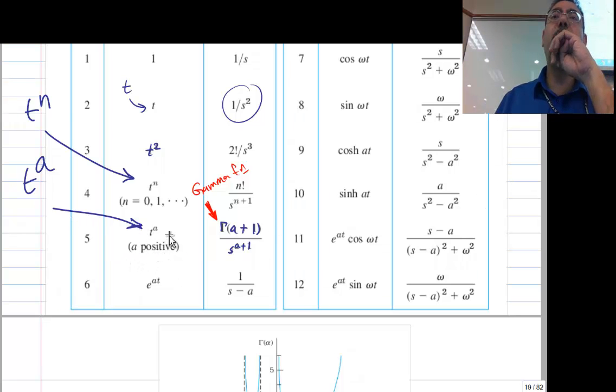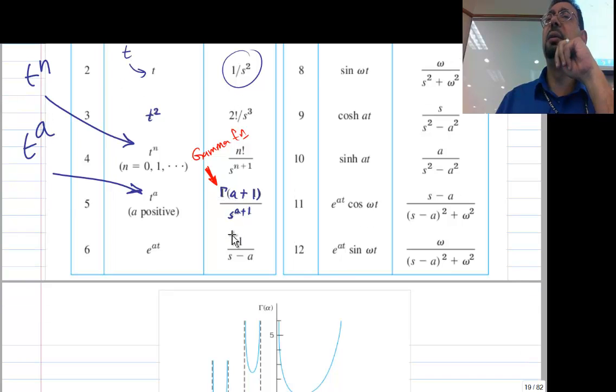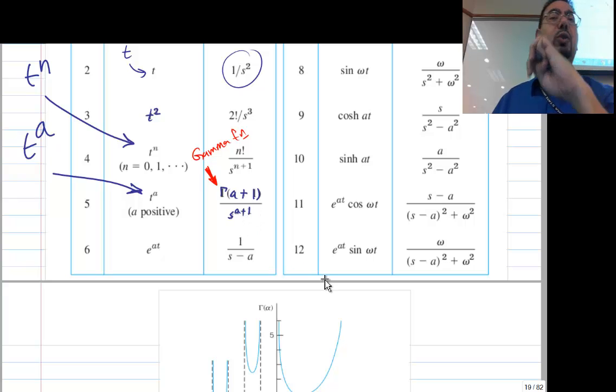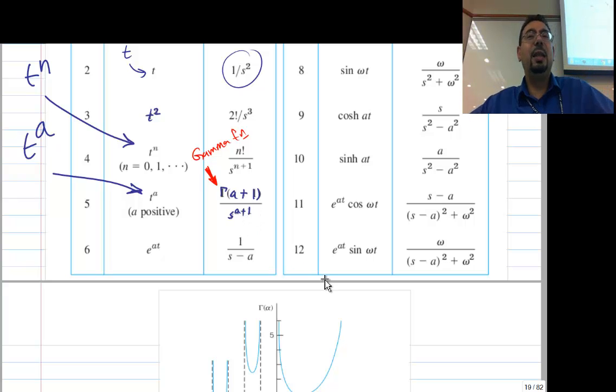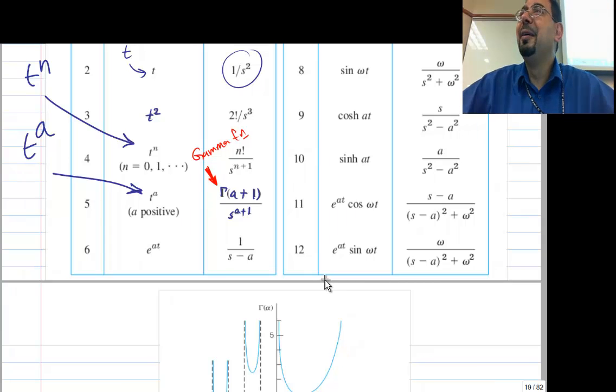And now t to the power a, where a is positive and doesn't have to be an integer. It becomes this thing. This is the gamma function. Also, when I was being taught math, they taught us the gamma function without really telling us why this is important. That was really torture.